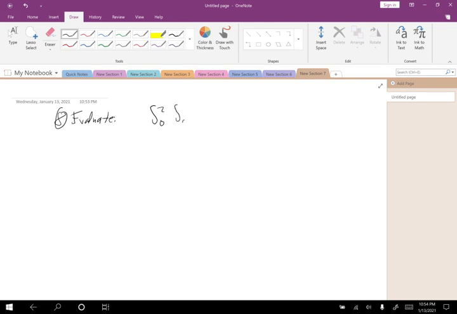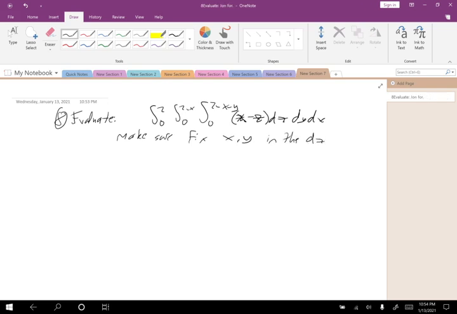And this part is pretty routine. So I think the only thing to mention is just make sure you fix x and y in the dz integral. So when you're doing this first one, 2 minus x minus y, x minus z dz, fix x and y.